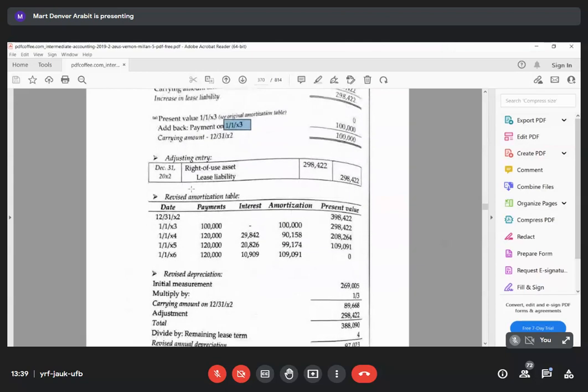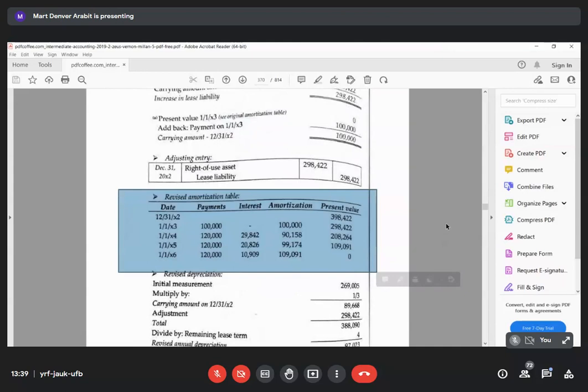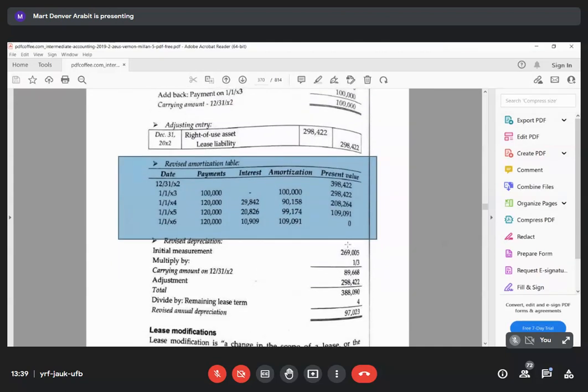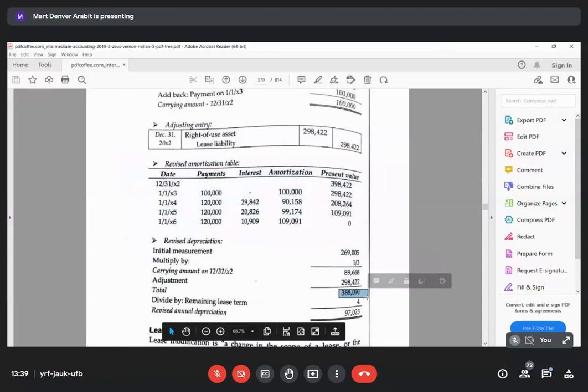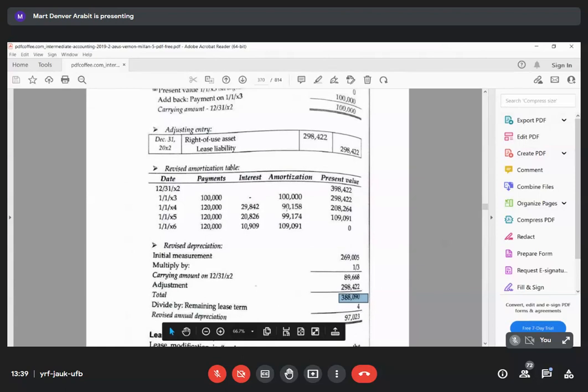Okay, so here's the revised amortization table. And initial measurement, ito, multiply by 1/3 para makuha na lang natin yung remaining na carrying amount ng asset, which is ito yung 89, plus lang natin yung adjustment. And ito na yung makukuha na natin yung revised na ROU figure, then i-divide na lang natin siya by the remaining 4 years.